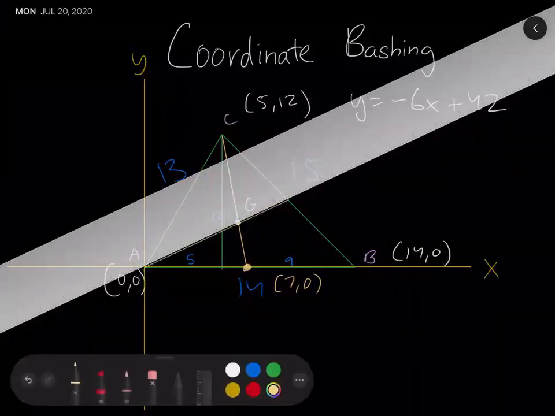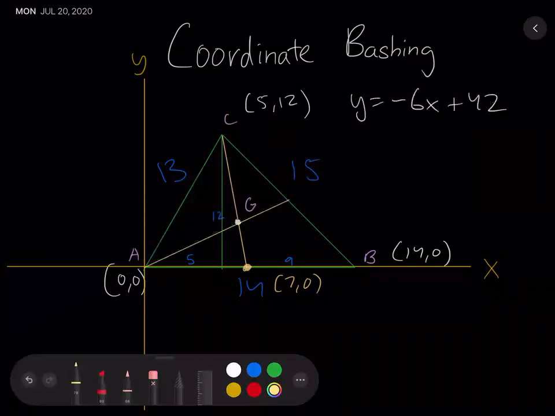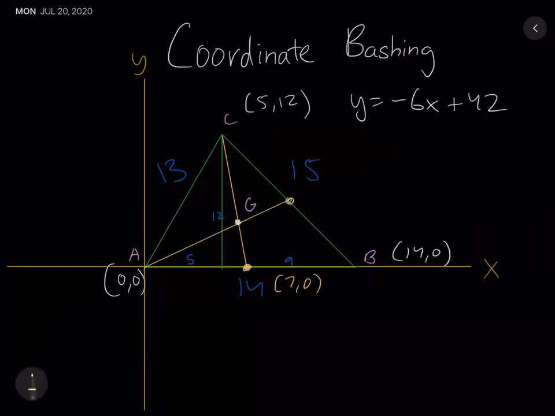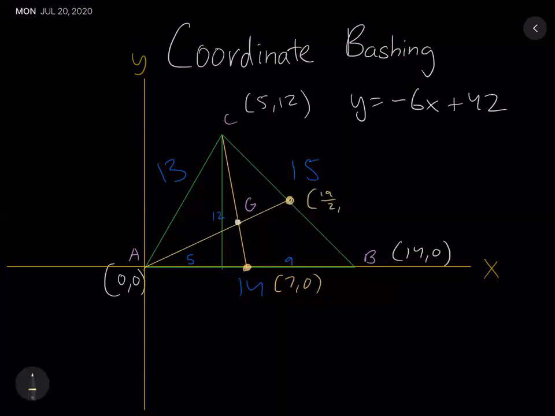Well, this median goes through the origin, so the equation for a line is a lot simpler to find. So what's this mystery point over here? It's the midpoint of BC, so it's between (5, 12) and (14, 0). And this will have coordinates (19/2, 6).